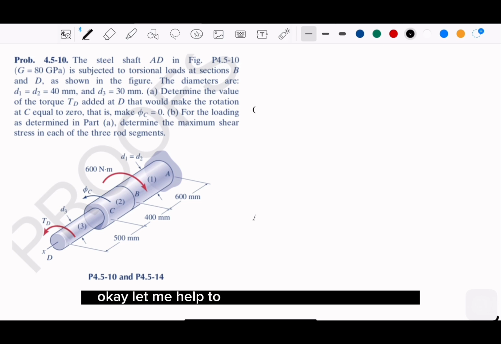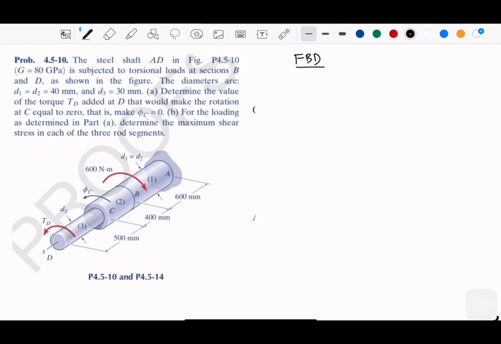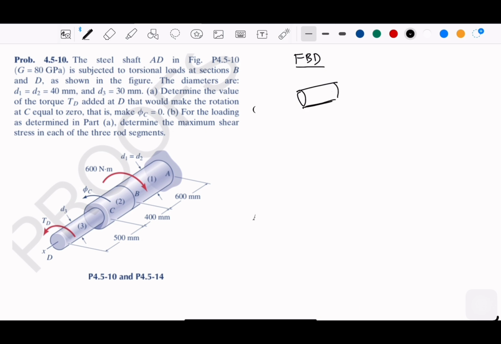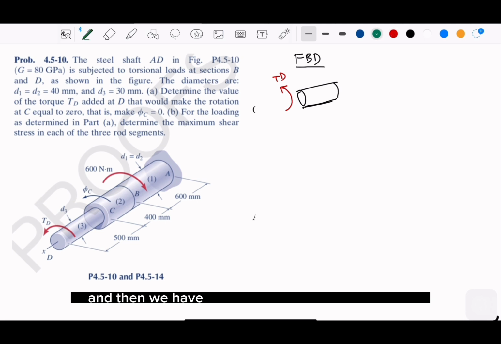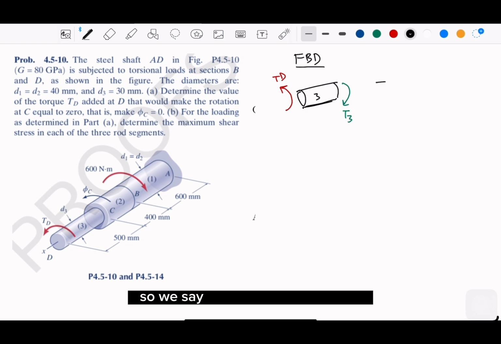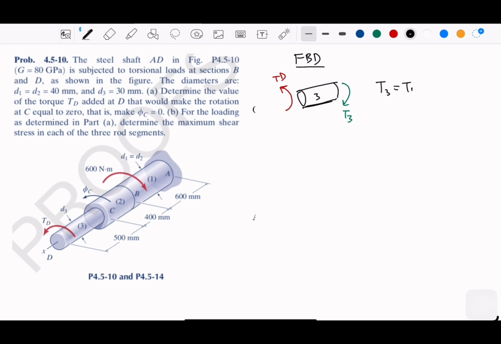Okay, let me help to draw the free body diagram. Let me draw here, free body diagram. Start from, let's say, 3. So we have, this is TD. And then we have the reaction, let's say, T3. So we say that T3 is equal to TD.